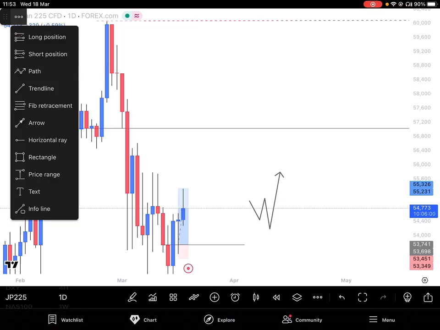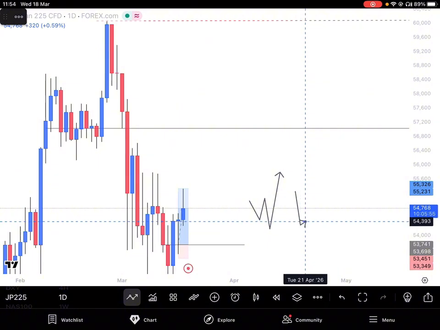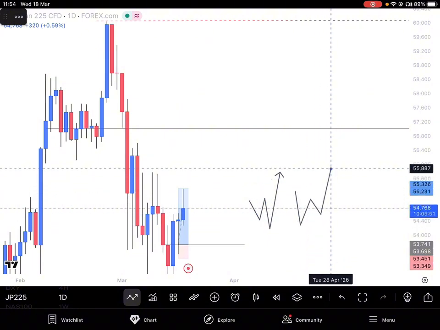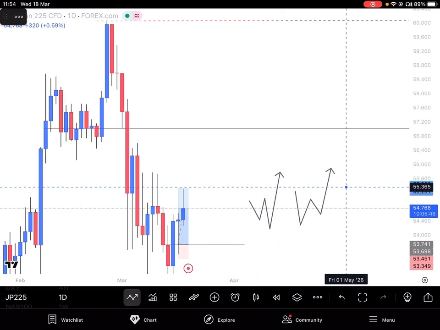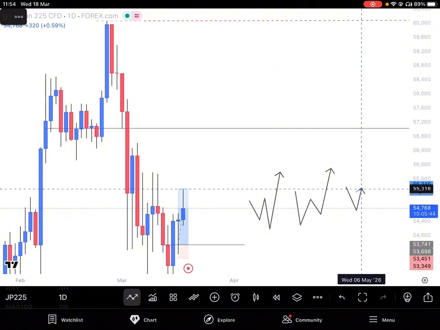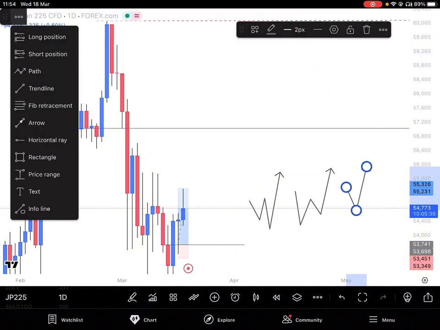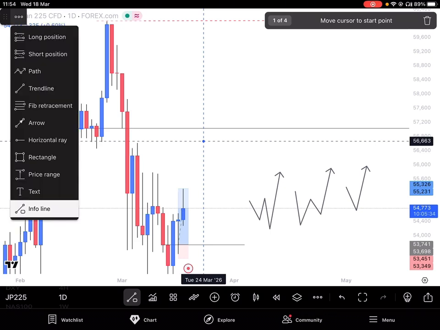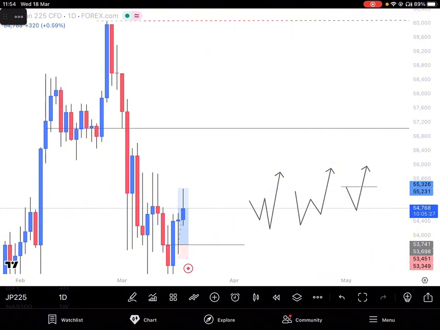Then, or I'm looking for this breakout, or I see this, the same breakout to the upside.